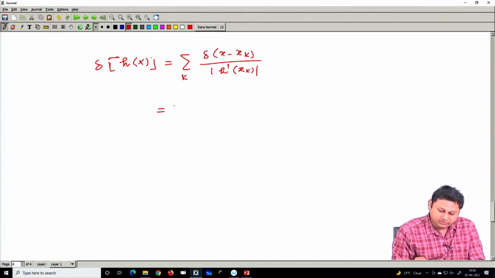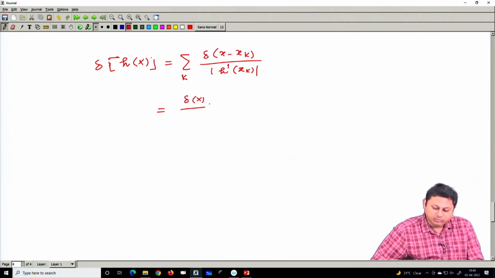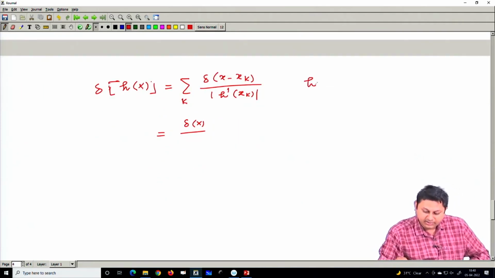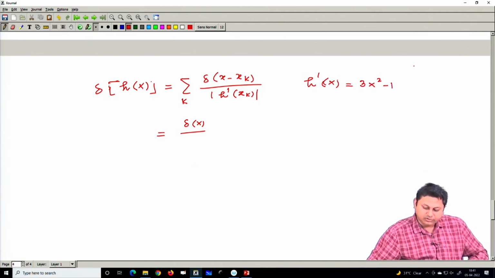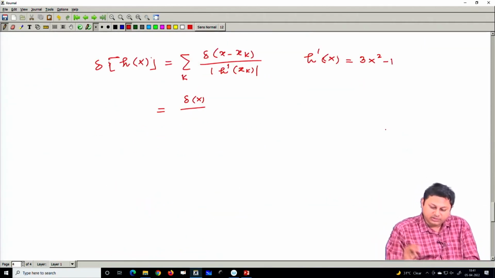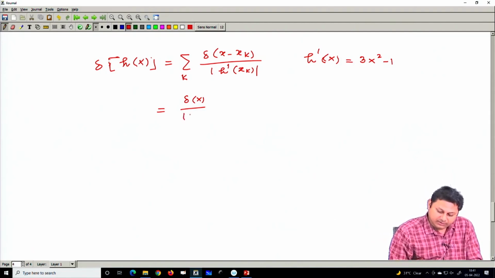So for each case, the first case is when xk is equal to 0, so I have delta x here, and in the denominator, what is my h prime? h prime of x is 3 x square minus 1, that we already figured out. Now I put x equal to 0, and I should have minus 1 here, with the mod plus. What is the next value for the next root?